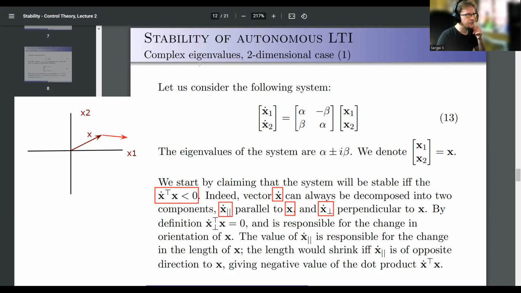All right, now we can decompose it in two ways. One is parallel to x. This is the parallel to x part. Another one is perpendicular to x. This is the perpendicular to x part. And you can see now how the decomposition works, right?